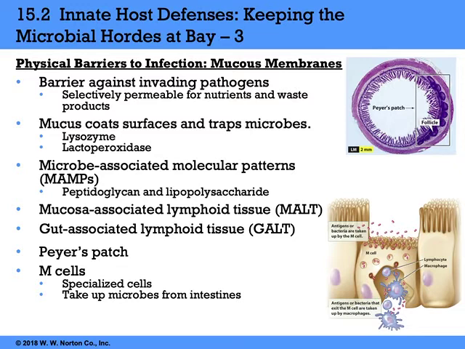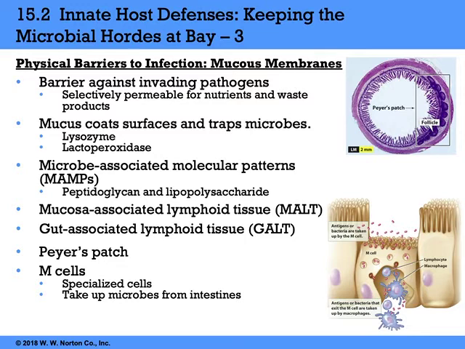Other barriers, okay, mucous membranes we've talked about, and we talked about what mucus does. There's also enzymes like lysozyme that weakens bacterial cell walls, and lactoperoxidase, which basically creates harmful oxygen species that could damage the pathogen.